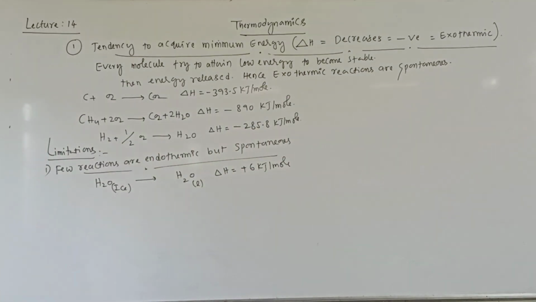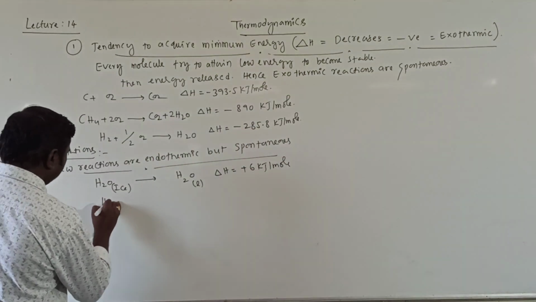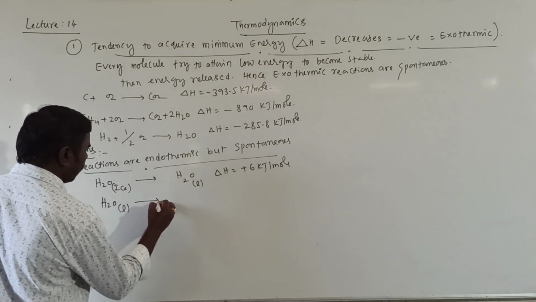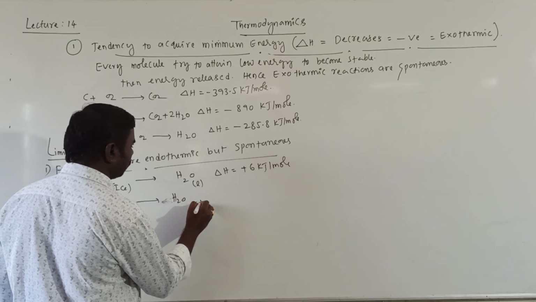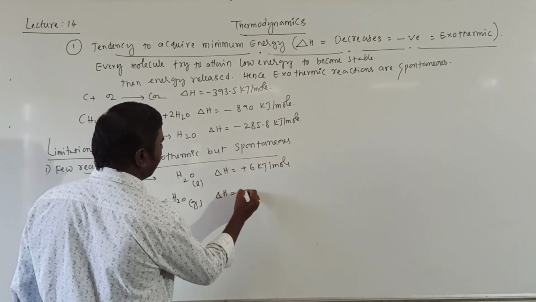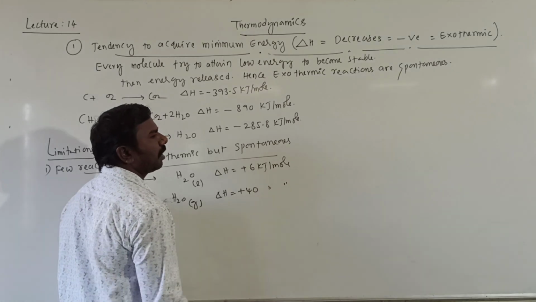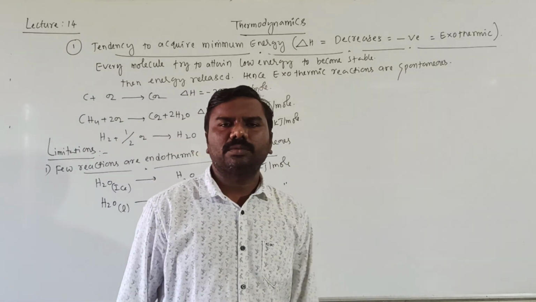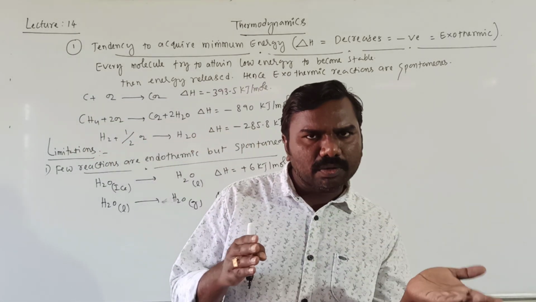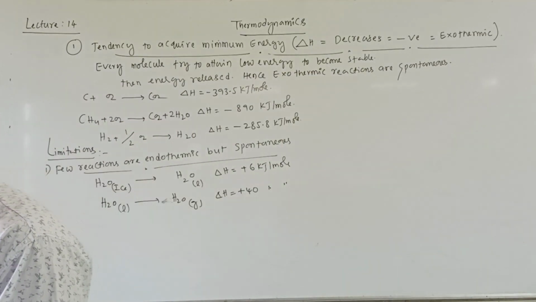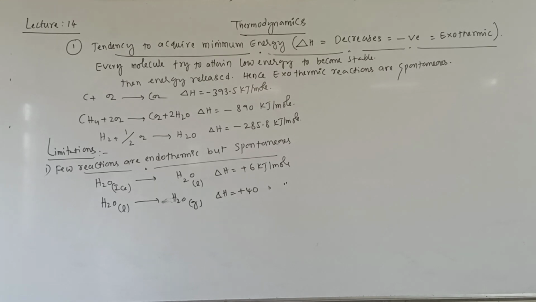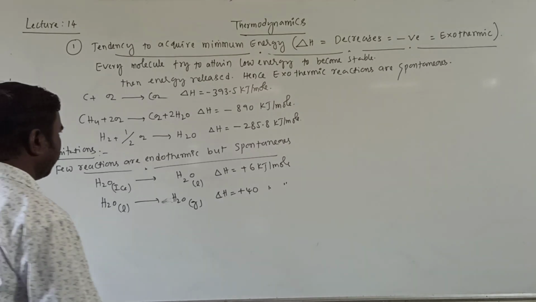Next, liquid H2O is converted into H2O gas, delta H equal to plus 40 kilojoule per mole. Delta H is positive, but liquid water is converted into gas by itself, that's why it is spontaneous. Like this, many more we can write, students. So this is the first drawback.